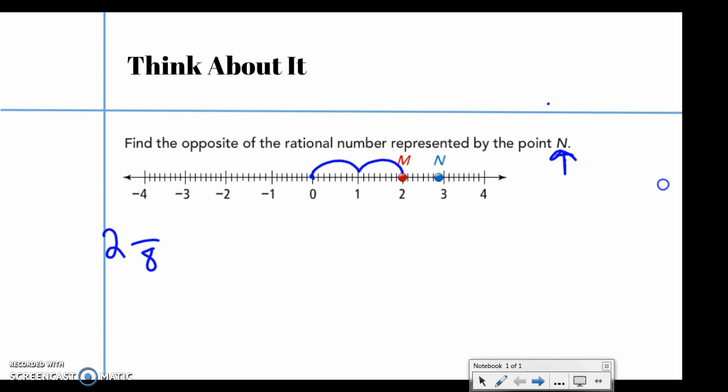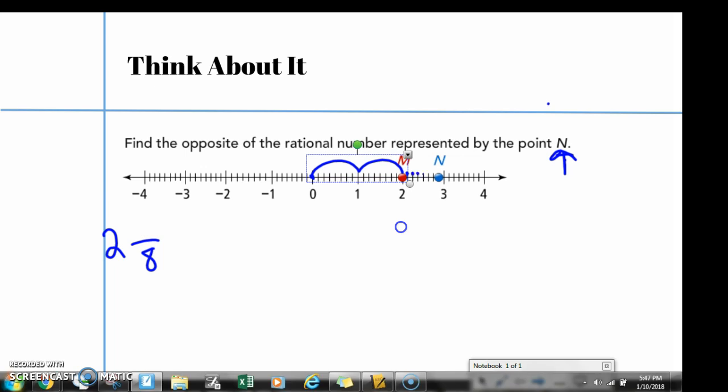Now we have to figure out how many parts point n is away from 2. So let's check that out. We have 1, 2, 3, 4, 5, 6, 7. So our numerator is going to be 7. So the distance that point n is from 0 is 2 7/8.